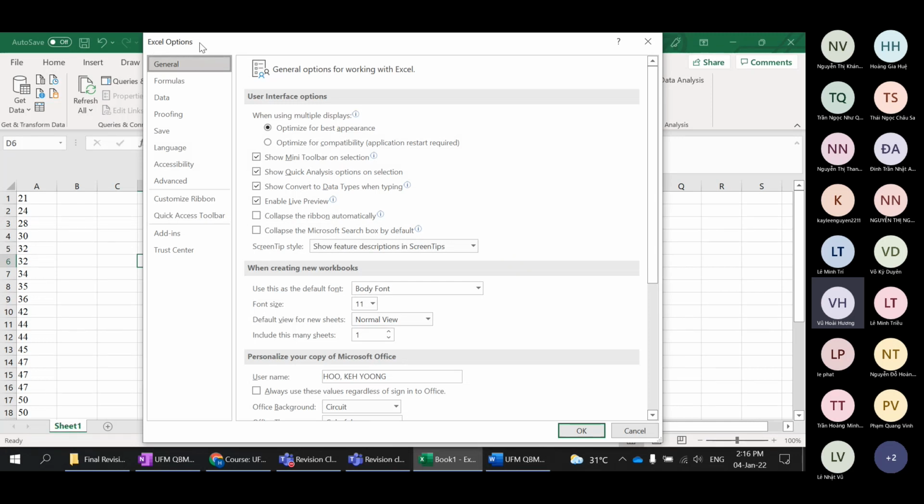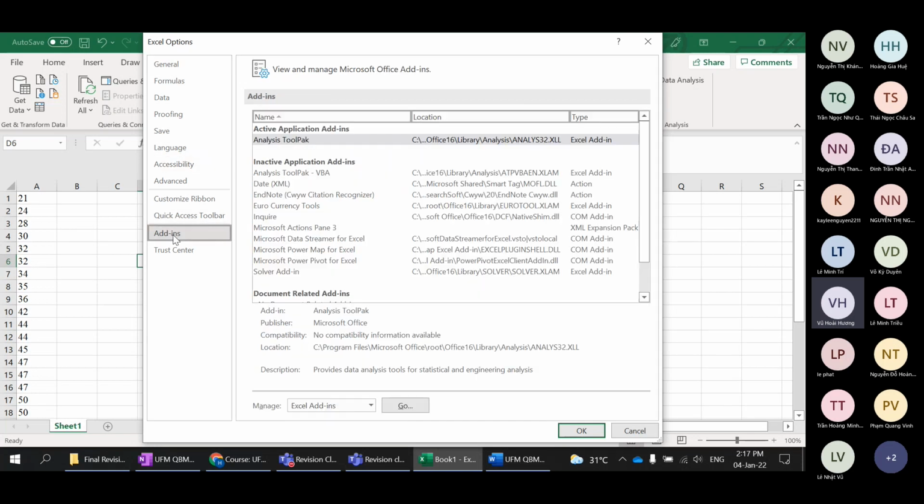Look for the Excel Options window, then click on Add-ins.